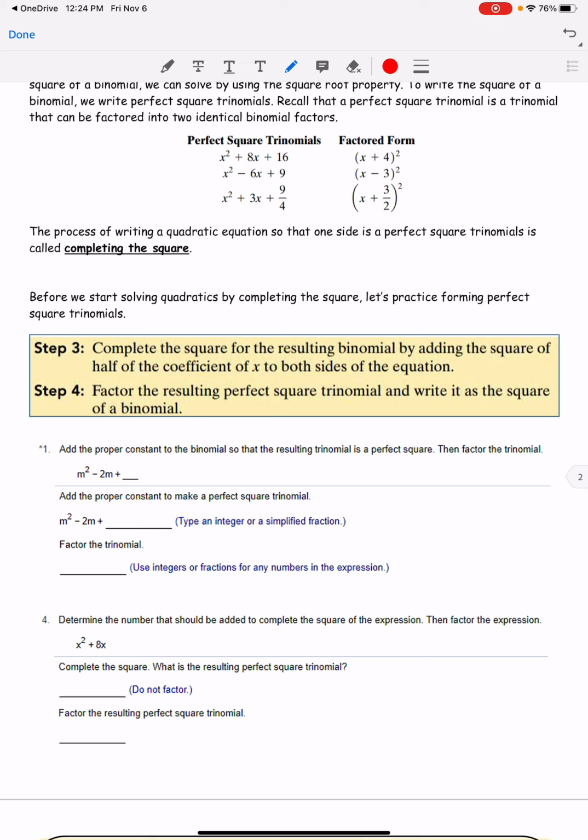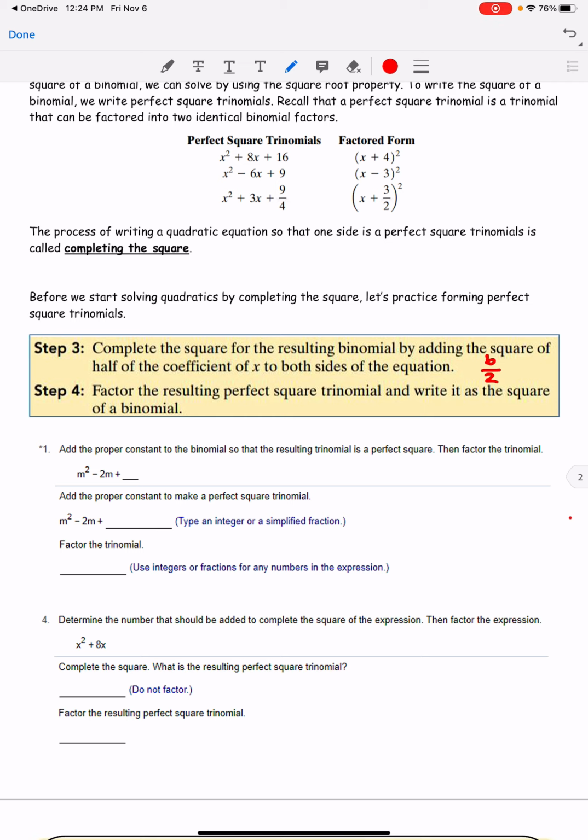Step 3 is to complete the square for the resulting binomial by adding the square of half the coefficient of x to both sides of the equation. That's really wordy. That sounds confusing. So let's make that into a formula. How you do step 3 is you take your b term, divide it by 2.